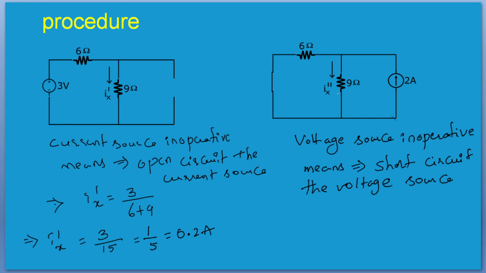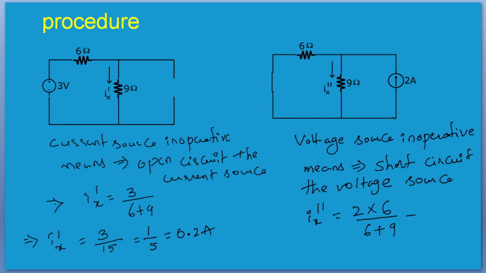So now find Ix double dash using 2 ampere source acting alone. So Ix double dash equal to, by current division principle, total current into opposite resistance, that is 6 ohm resistance, by 6 plus 9.